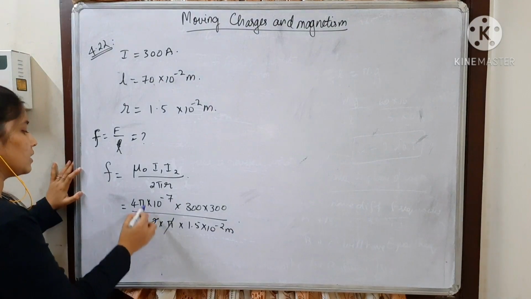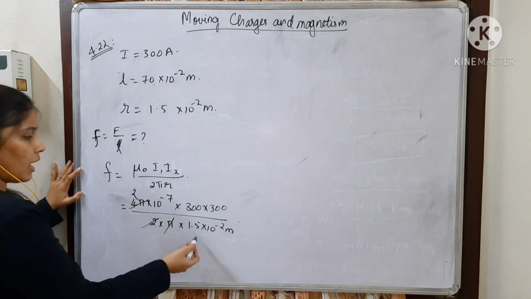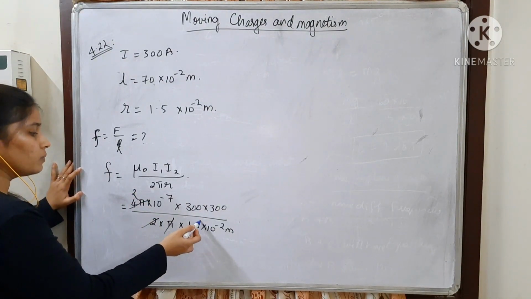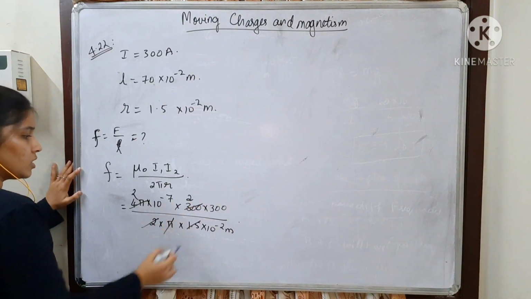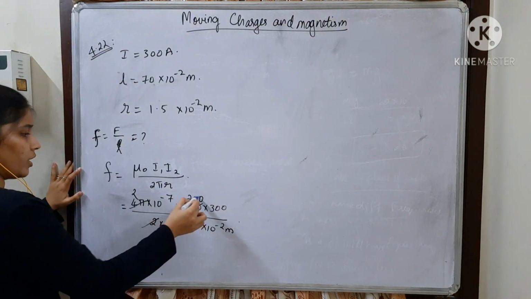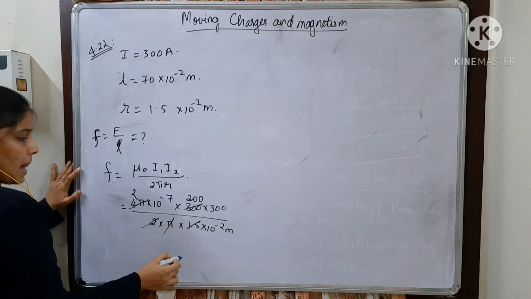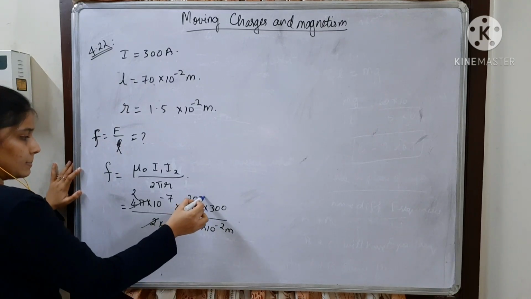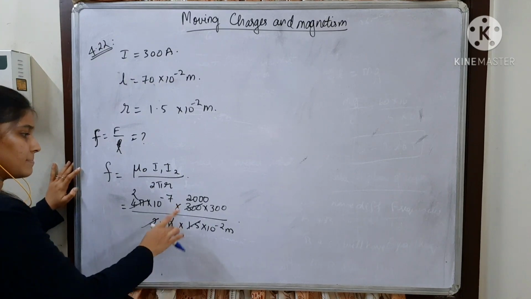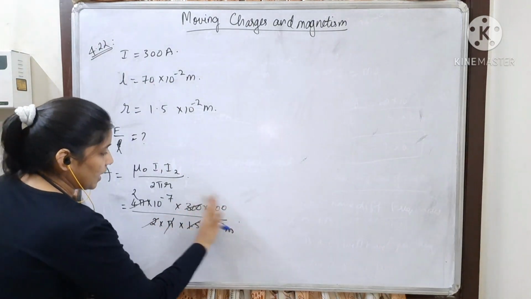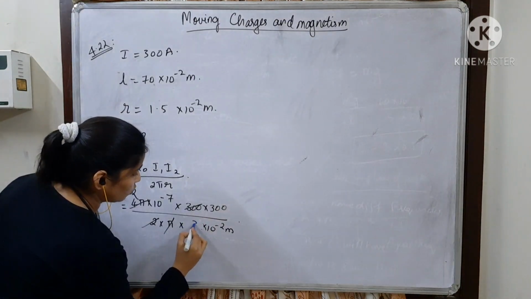If we cancel this, 2 times and 1.5 will go 2000 times, this is 3 by 2.